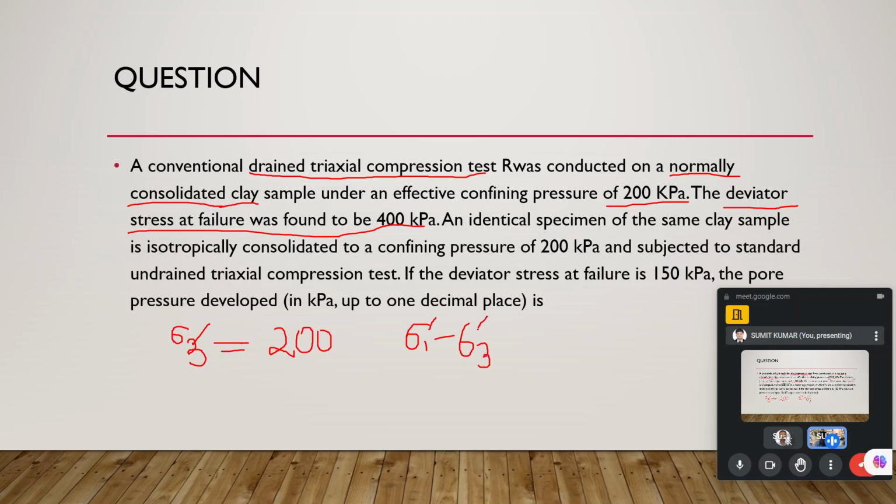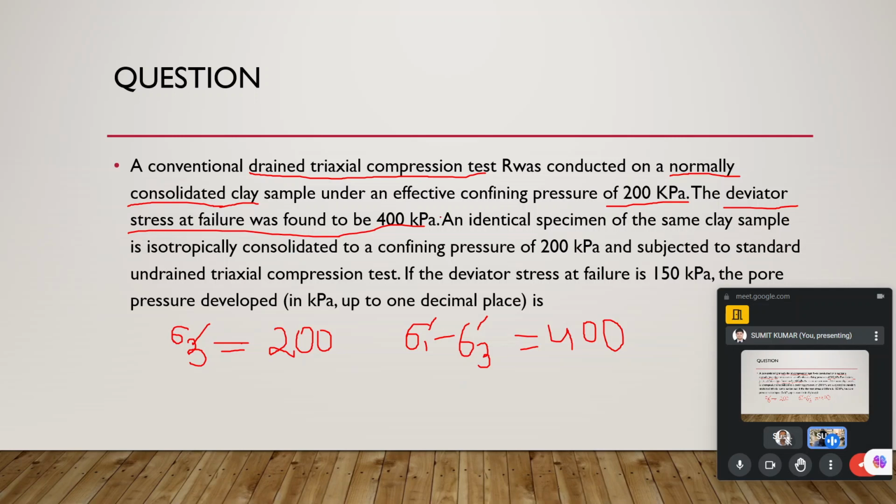If we write sigma 1 minus sigma 3, that value is the same as sigma 1 dash minus sigma 3 dash. Why? Because sigma 1 dash is sigma 1 minus pore water pressure, and sigma 3 dash is sigma 3 minus pore water pressure. If we subtract sigma 3 from sigma 1, we get the same value as subtracting sigma 3 dash from sigma 1 dash, because the pore water pressure cancels in any case.